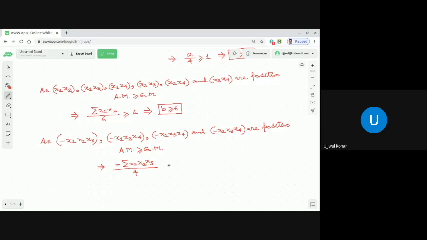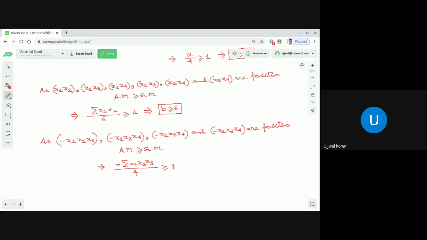That should be greater than or equal to the geometric mean of minus x1x2x3, minus x1x2x4, minus x1x3x4, and minus x2x3x4. If you multiply, that becomes positive, and x1 cube, x2 cube, x3 cube, x4 cube all become 1. That is greater than or equal to 1.